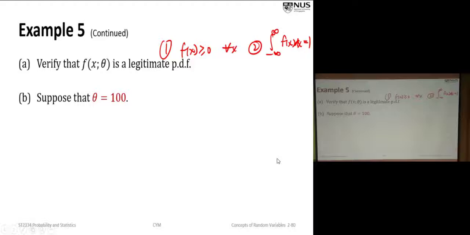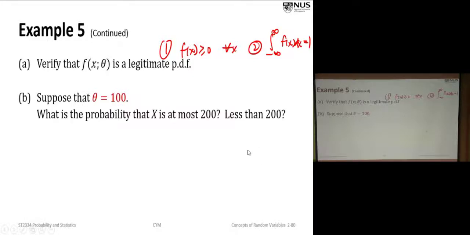Second, now we replace theta by a number, 100. So suppose theta equals 100, then what is the probability of x at most 200?